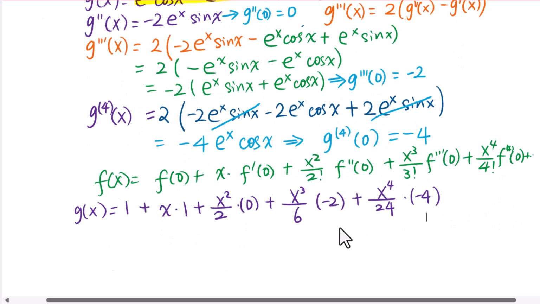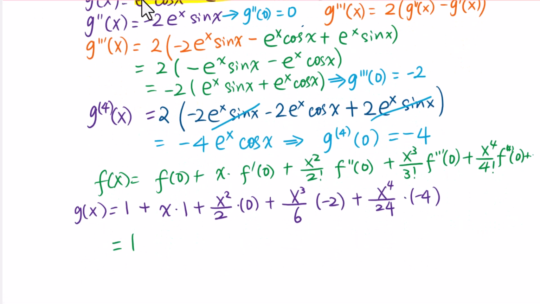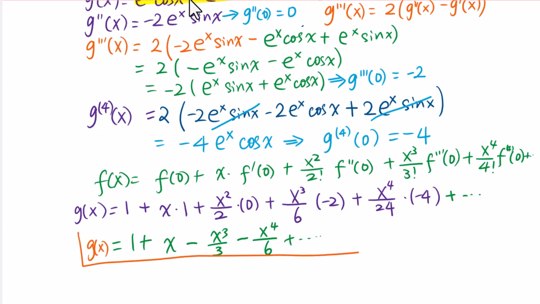Then this equals 1 plus x minus x to the third power over 3 minus x to the fourth power over 6. Keep going. So g of x equals this.